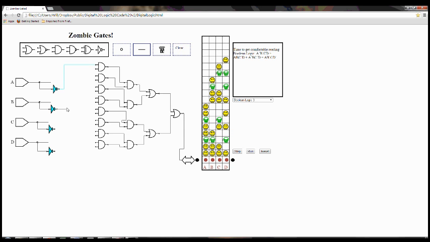And here's my B naught. That's right there. Now I have C, D. So I'm using the true conditions in C and D. That's no problem. I'll just take my C right there, and my D right here.